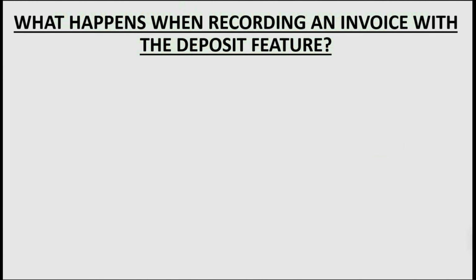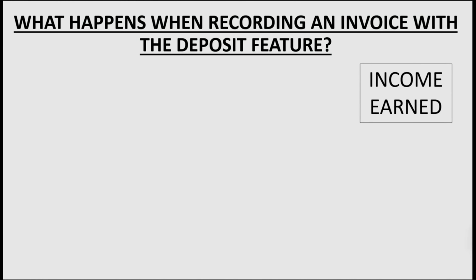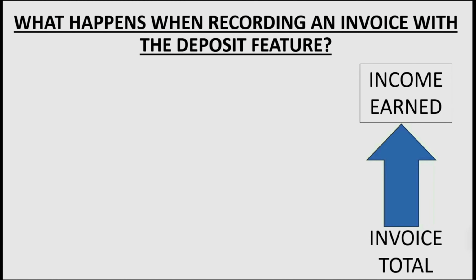So what happens when we record an invoice and actually use the deposit feature? Well, when you record an invoice, the income increases by the entire amount of the invoice. The invoice amount comes from the total of the items, and the items go into the income accounts.